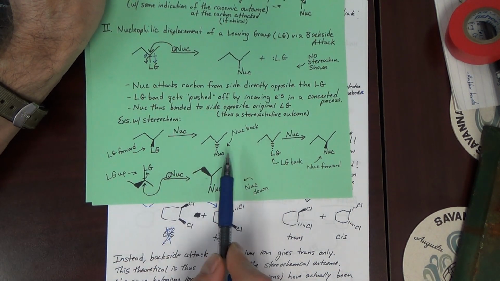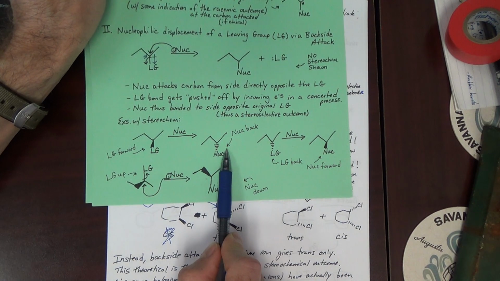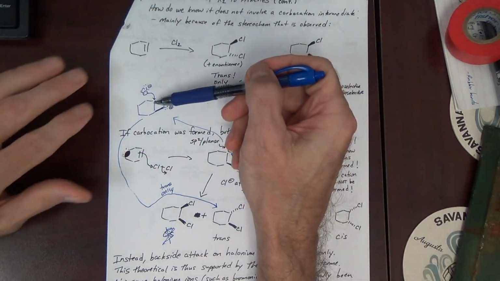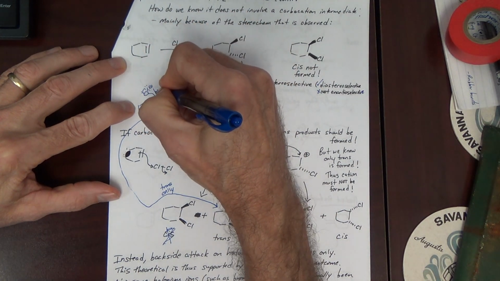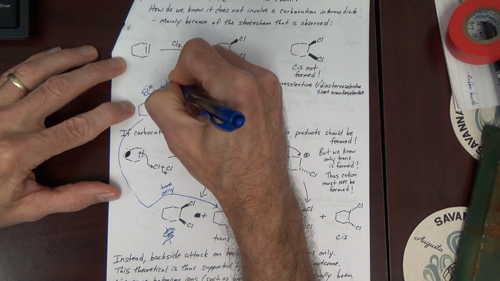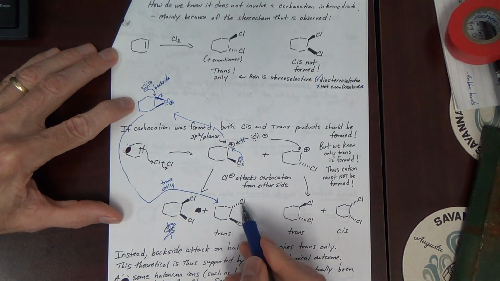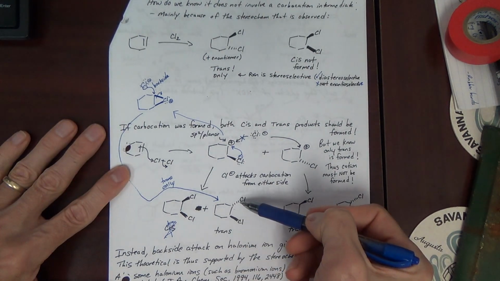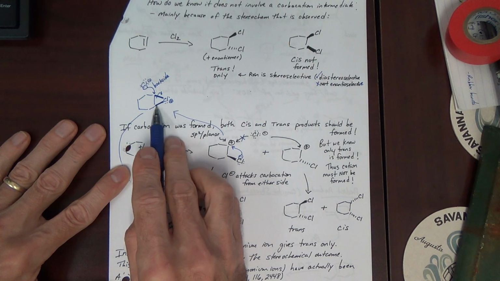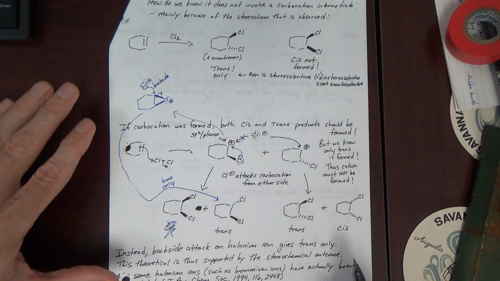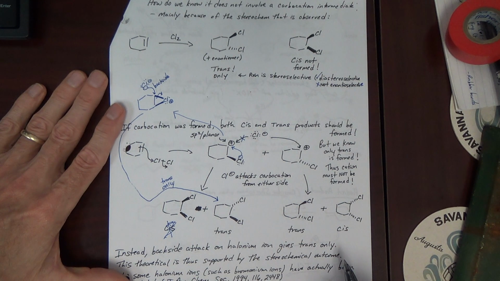The nucleophile comes in back. This bond is forward. That one comes in back. This is backside. That's why it's back. And now you end up with, when it gets kicked off, this stays forward. Nothing happens here. There. All right.